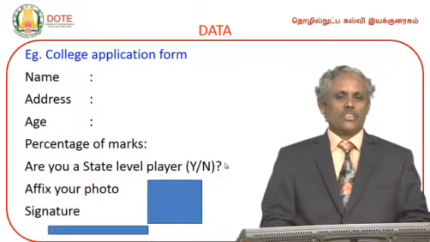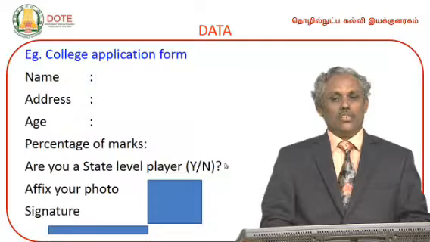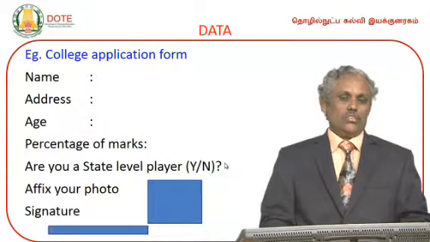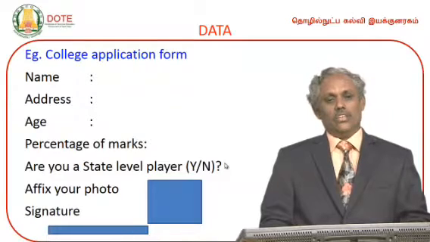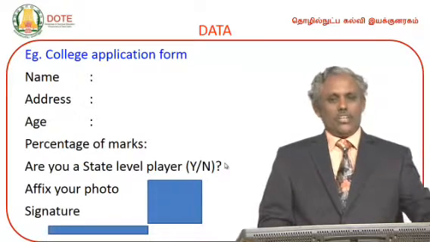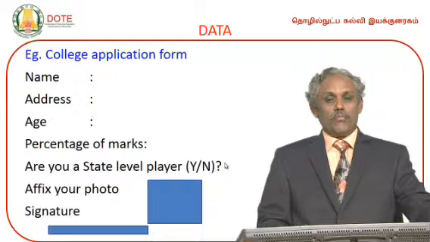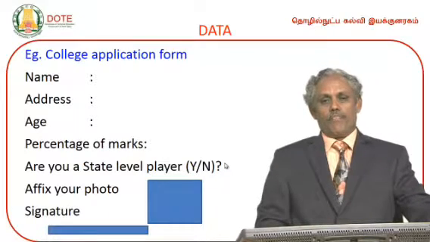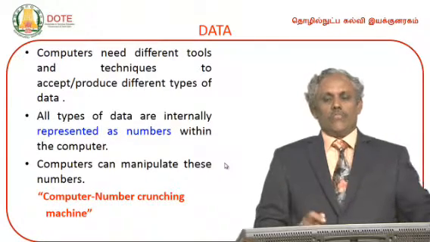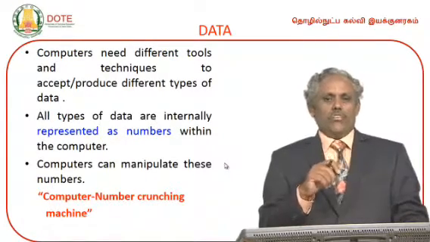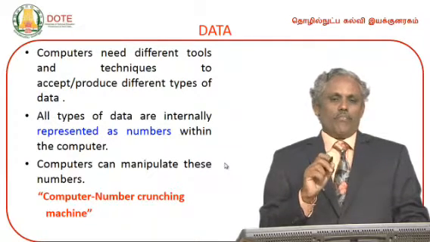Nowadays, the computers can process images and can process sound or speech. So, these computers are able to process these types of data, right. So, next we see what is the meaning of that processing.